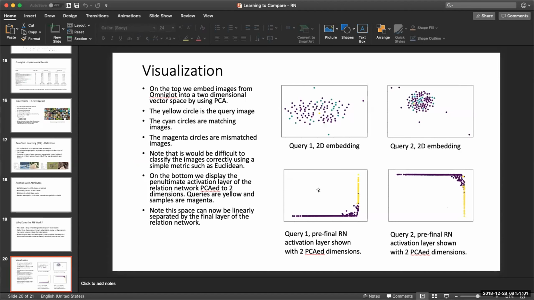Whereas if we visualize the data that comes out of the relational portion of the network, it demonstrates much cleaner clustering or division between matched and mismatched samples. I believe this is 8-dimensional data at this point in the network.